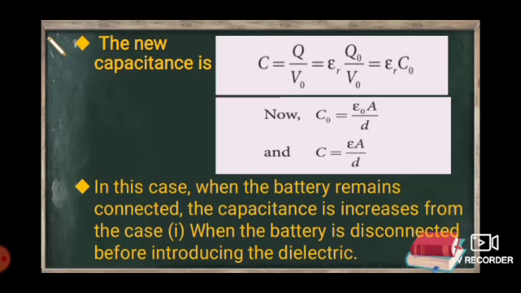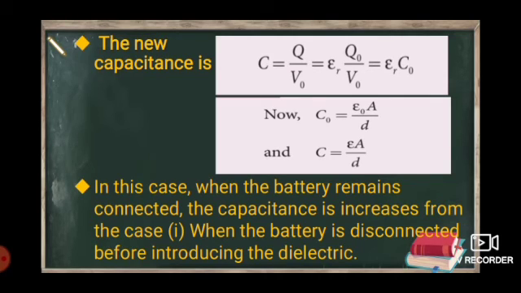The battery is connected, which means it continuously distributes the charges to the plates, so charges are also transferred from the positive to the negative plate. Continuously there are charges flowing.